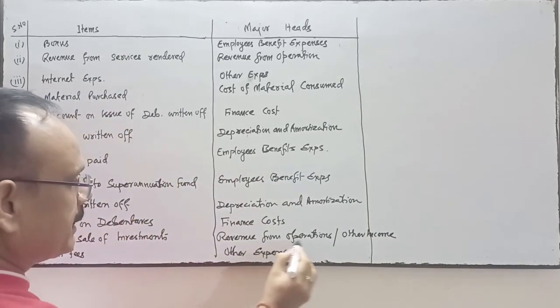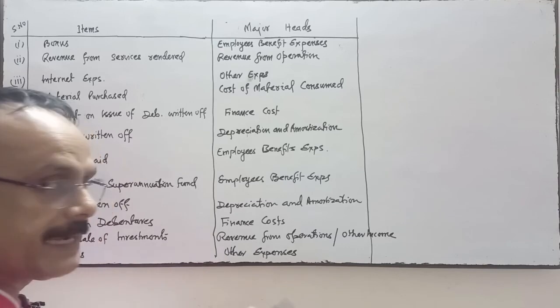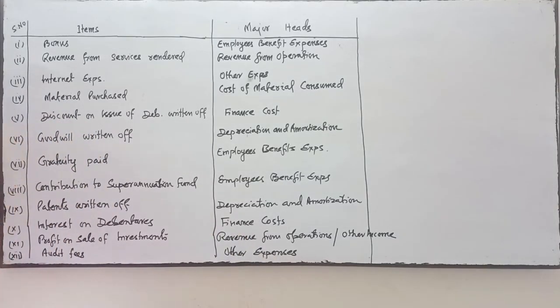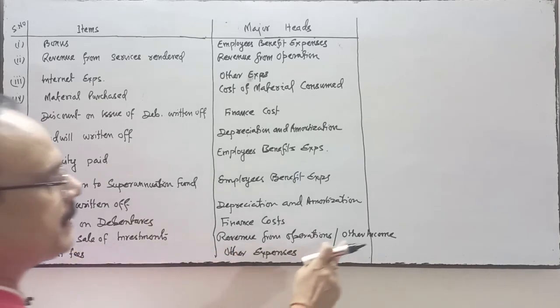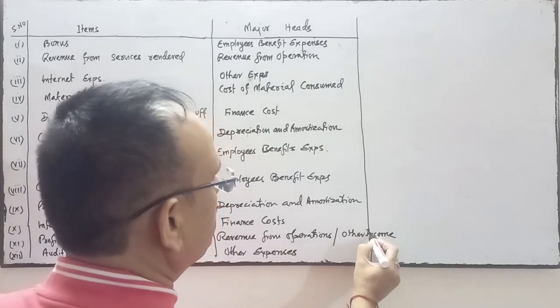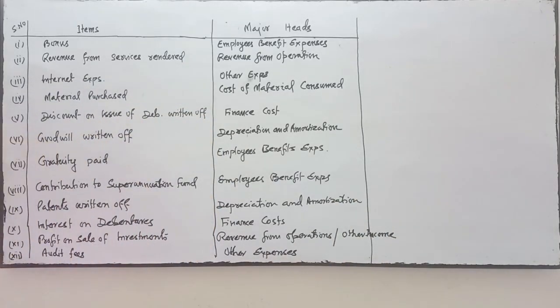Profit from sale of investment comes under revenue from operations when it's a finance company. Otherwise, for a non-finance company, the same item will come under other income. Is it clear?